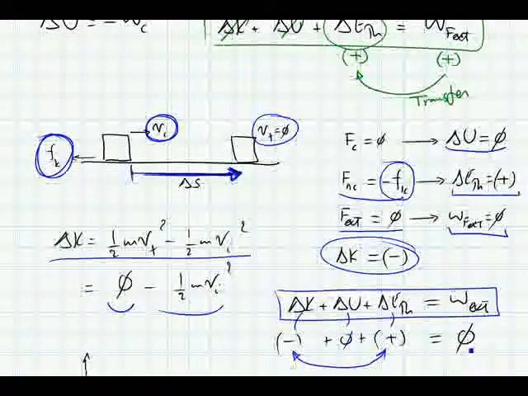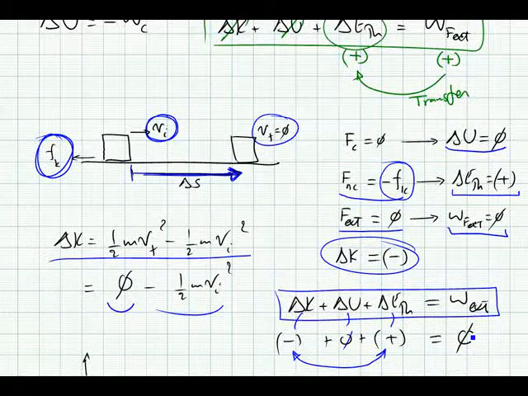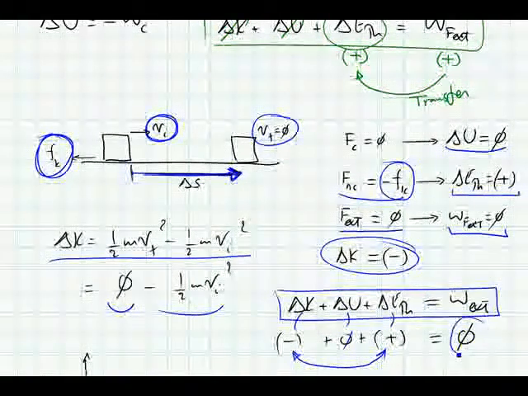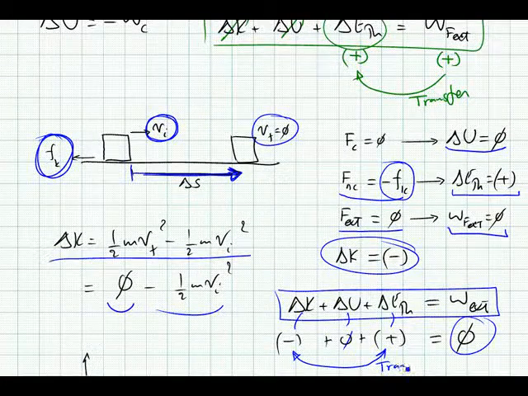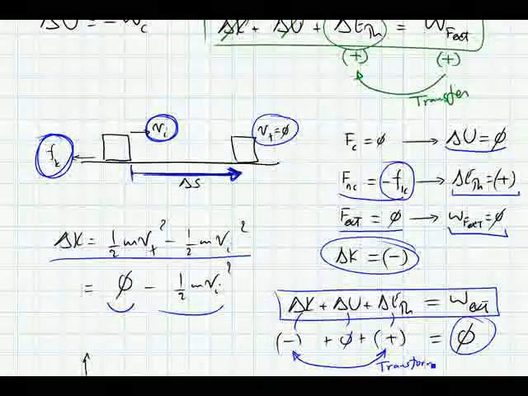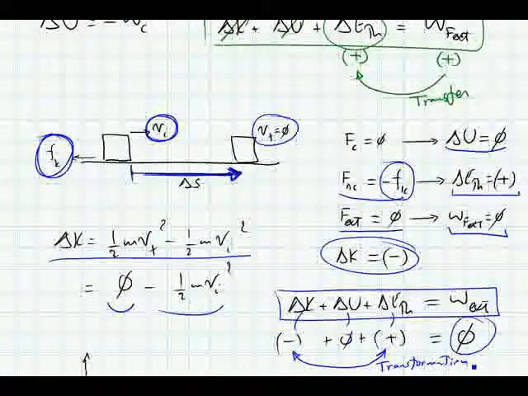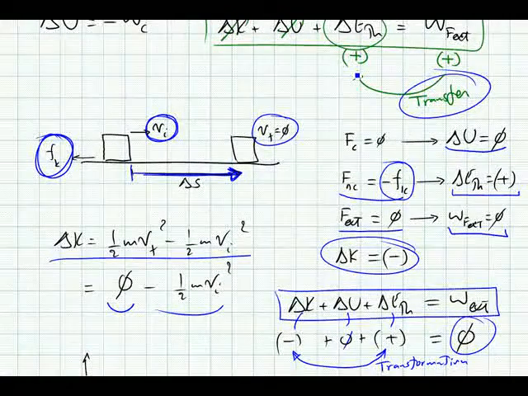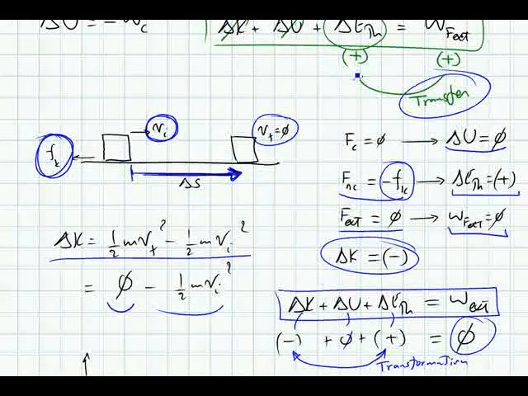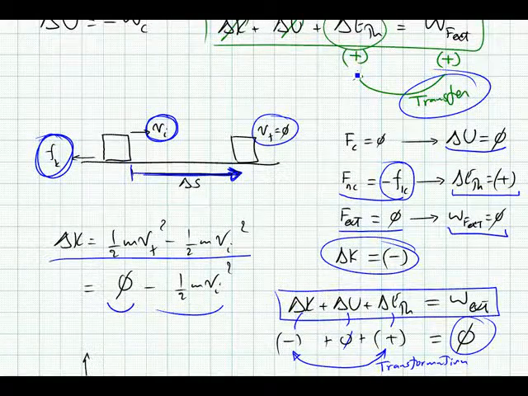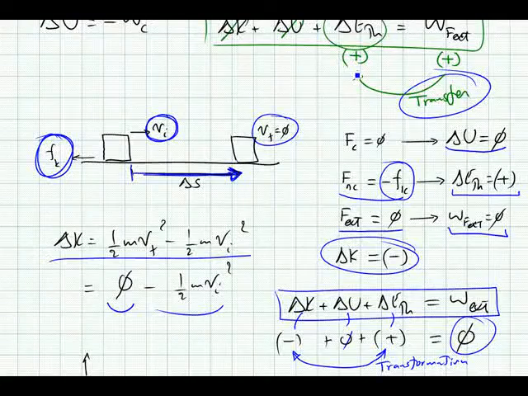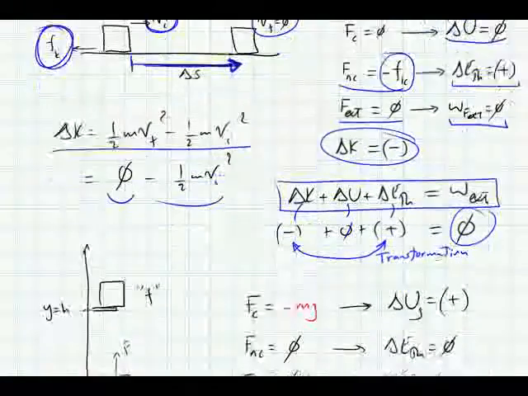There is no transfer of energy because there's no work done by any external force. So this is a transformation of energy, whereas up here we had a transfer of energy. When there's external work being done on the system, we talk in terms of transfer of energy to the system.